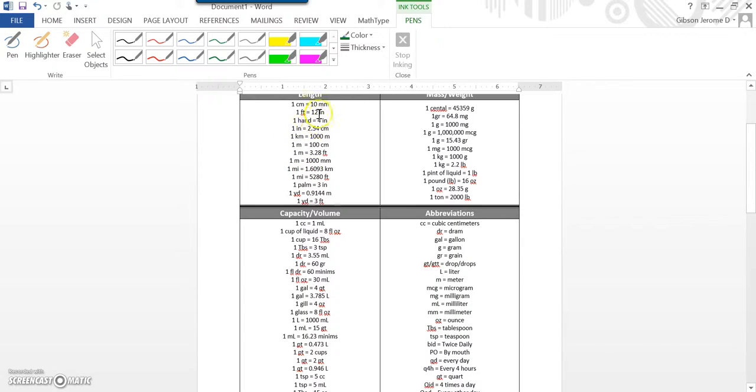If we look here with miles, we do not have anything with miles and meters, but we do have miles and kilometers. Now, we know meters and kilometers are 1,000 apart. So in order to make this meters, we would just have to move this decimal 3 places to the right. So it'd be 1,609.3 meters.